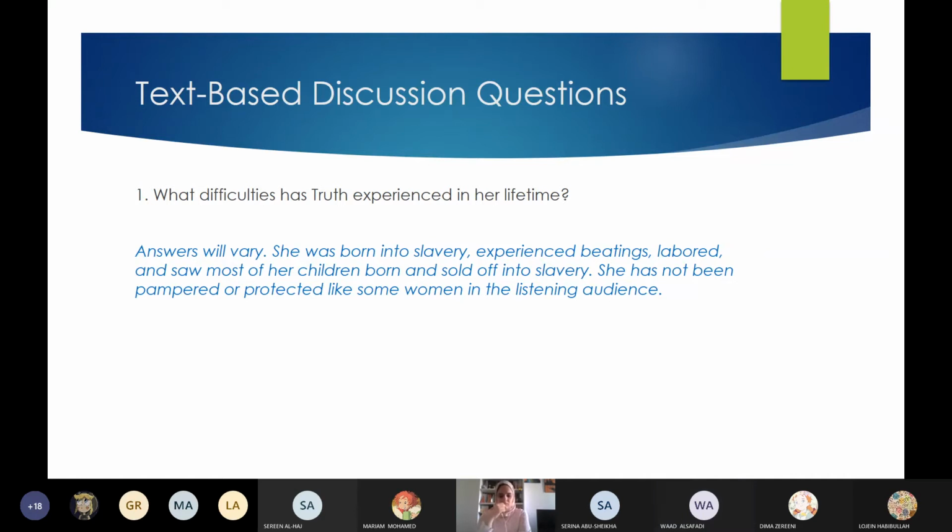Most of her children were born and sold into slavery. She lost all her children. Can you imagine? They were sold into being slaves. She has not been pampered or protected like some women in the listening audience. She has not been pampered, taken care of. So these are the difficulties she faced in her life.